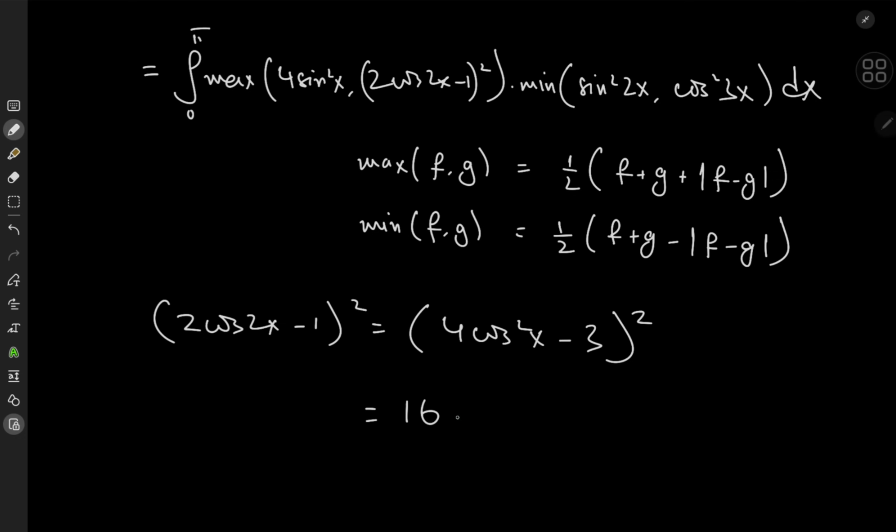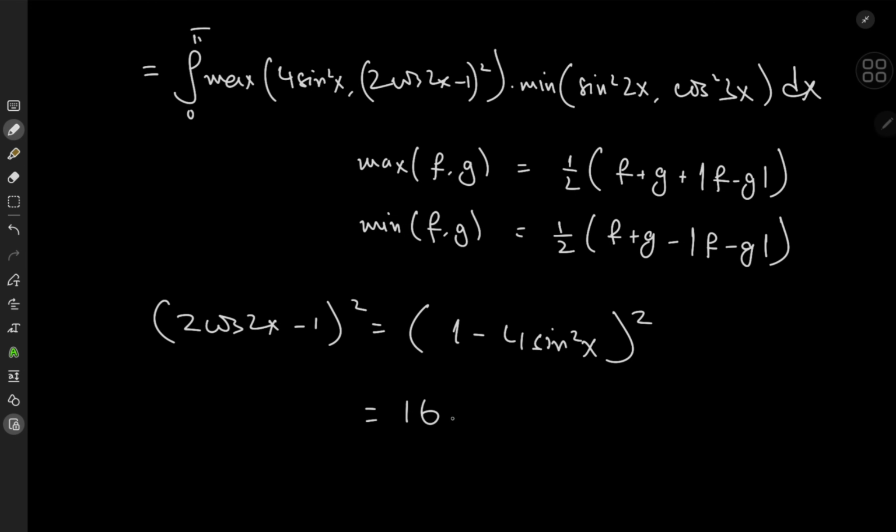Expanding this gives us 16 times, wait, I have a sine term there, so I might as well express this in terms of sine functions. Yeah, that would actually be cool. For f plus g, f minus g, I do need sine functions. So 2 minus 4 sine square x minus 1, so that is just 1 minus 4 sine square x.